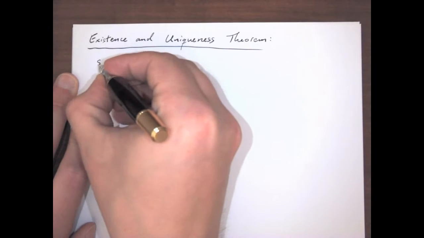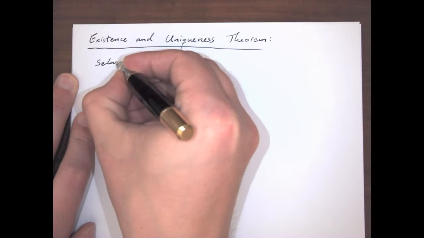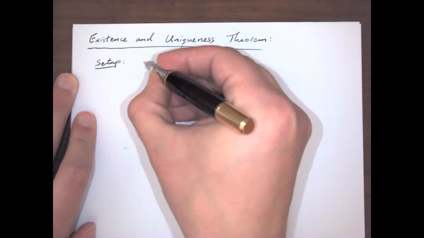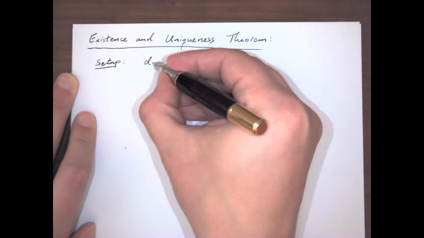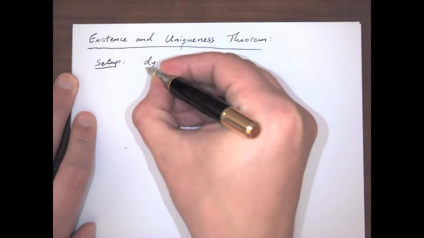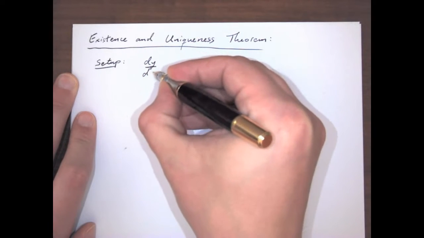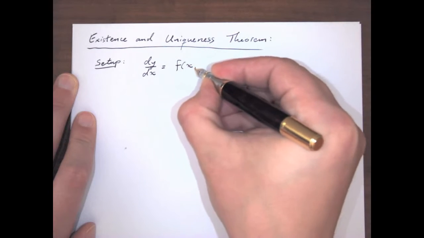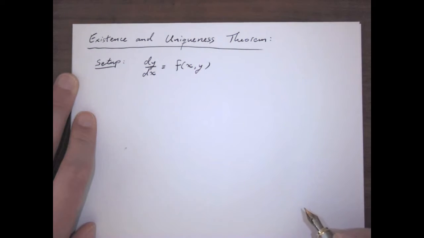All right, so the existence and uniqueness theorem. Here's the setup. What we have here is a first order ordinary differential equation, dy/dx = f(x, y), just as we said earlier.